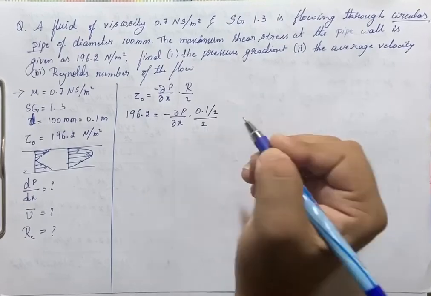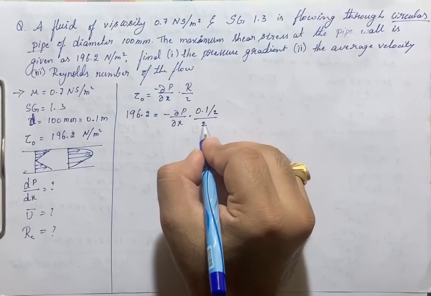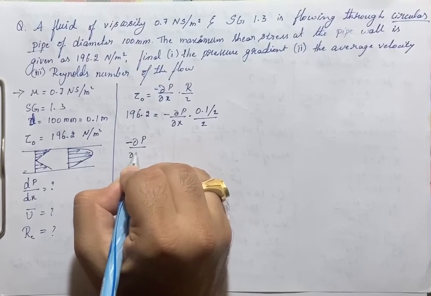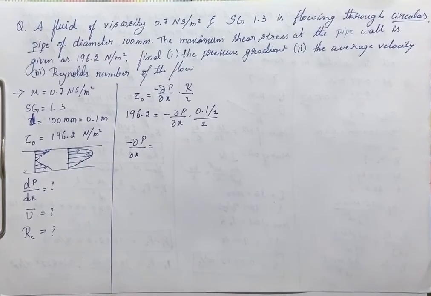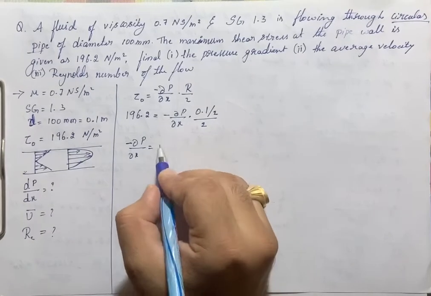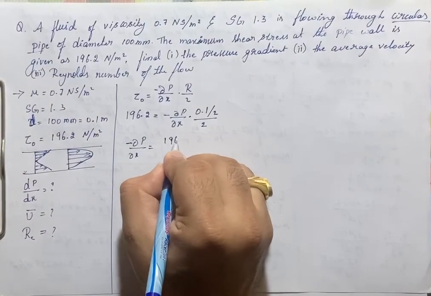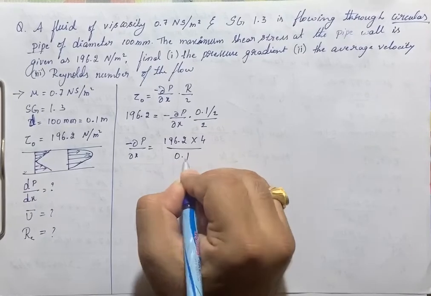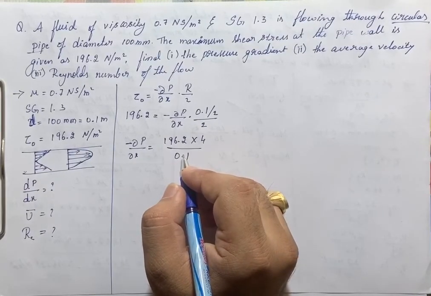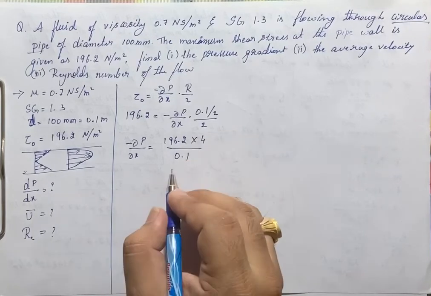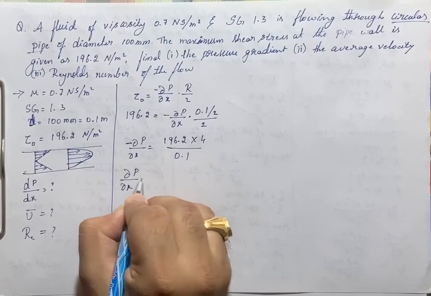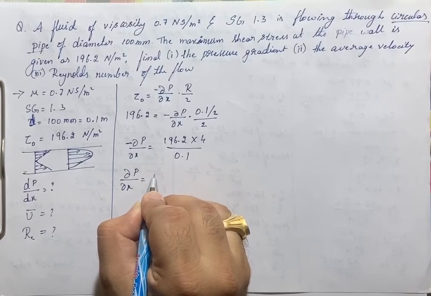Or else I can write minus ∂P/∂x is equal to 196.2 into 4 divided by 0.1, right?